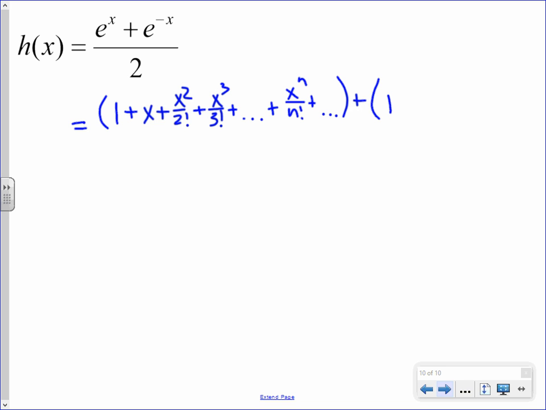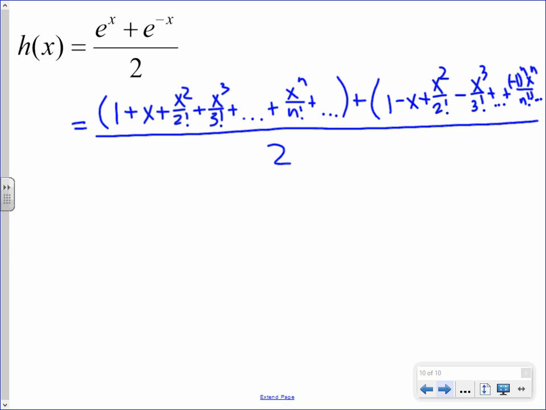So that becomes 1 minus x plus x squared over 2 factorial minus x cubed over 3 factorial, right? All of the odds would change to negative because of the power that negative x would be raised to. So our general term here would be negative 1 to the n x to the n over n factorial. All over 2.